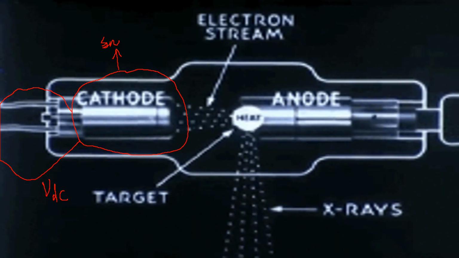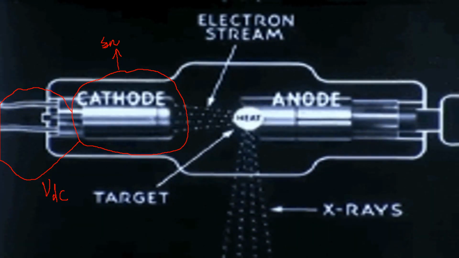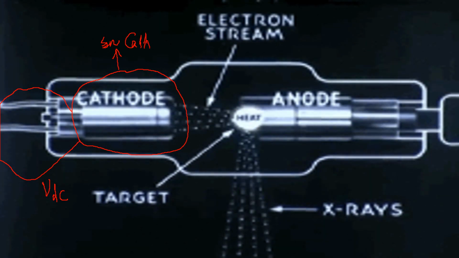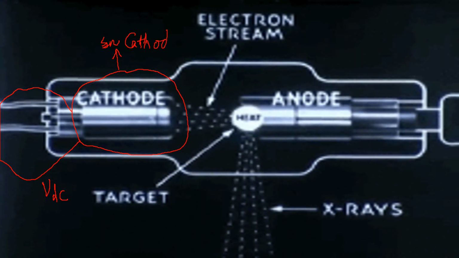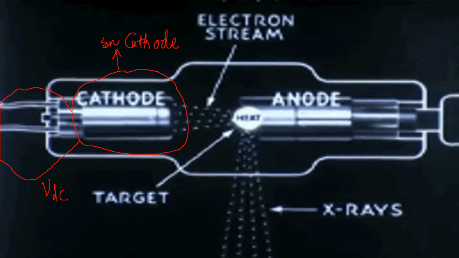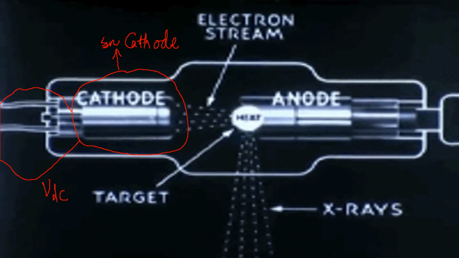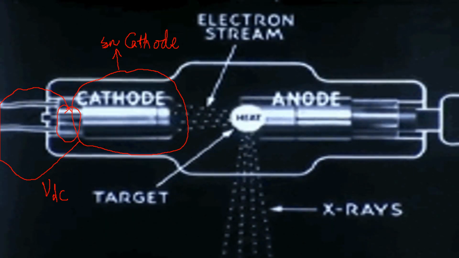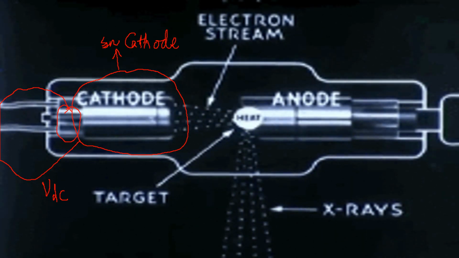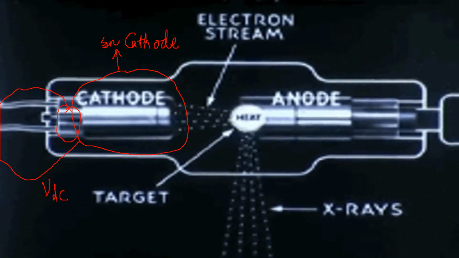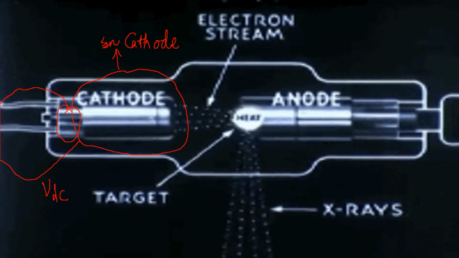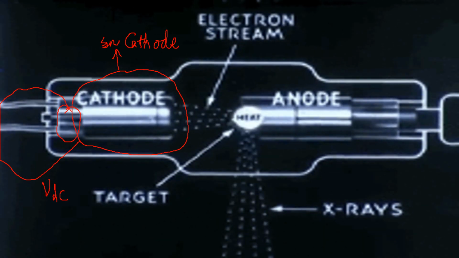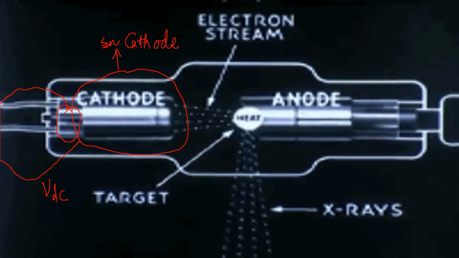So the tungsten cathode is connected with a filament, and that filament works on the thermionic emission process. When the electric potential is applied on the filament, which is also made up of tungsten material, the electric potential is quite high. So due to the very high electric potential, the resistance of the filament will cause a very high temperature.